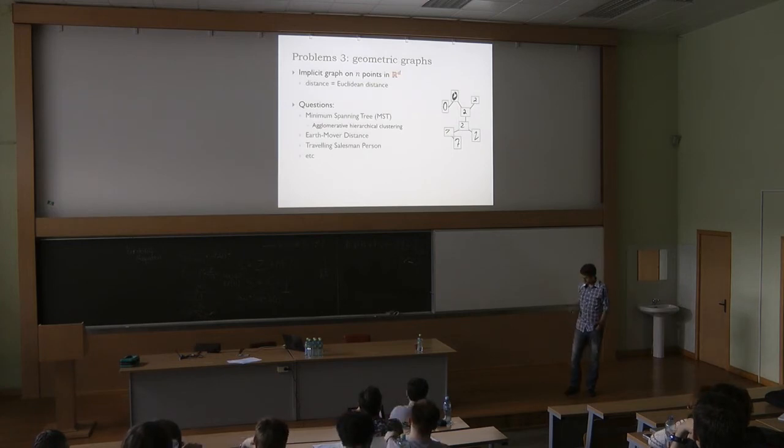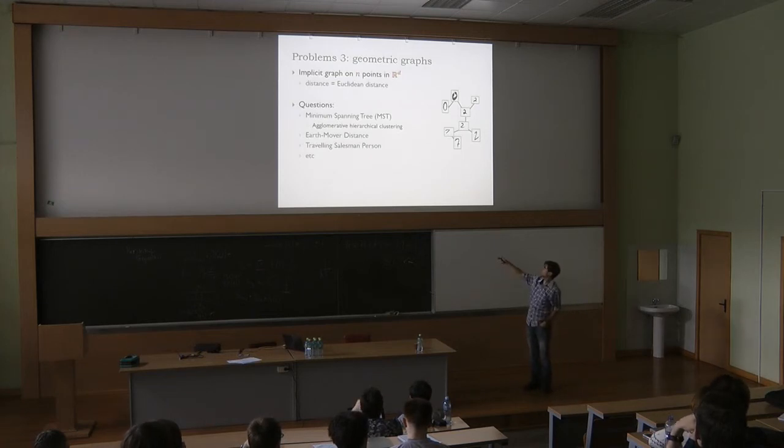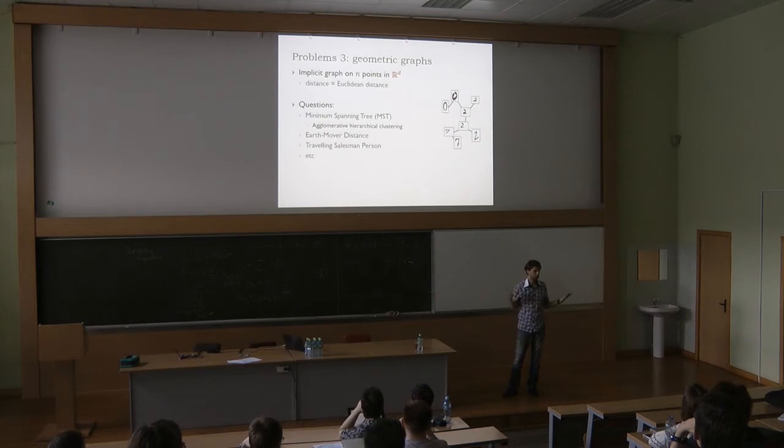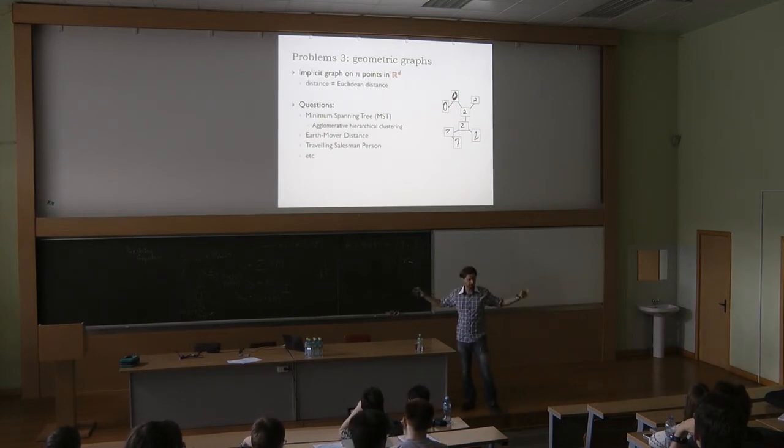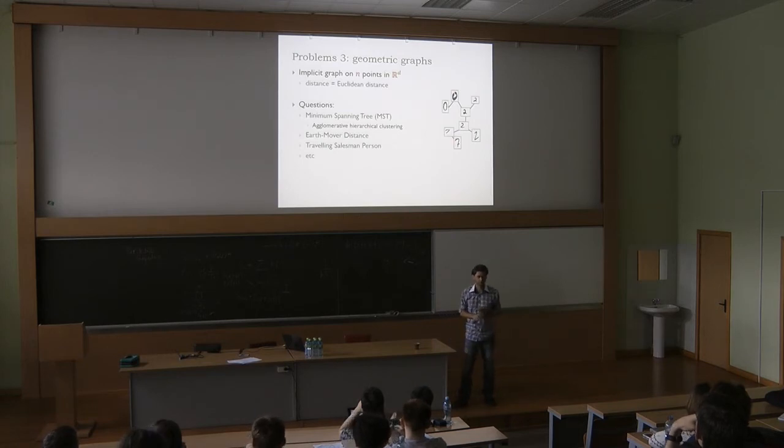Minimum spanning tree gives a way to cluster. It corresponds to agglomerative hierarchical clustering, which is one way to cluster data. If you have a big data set and you want to cluster it somehow, this is essentially the minimum spanning tree computation problem.